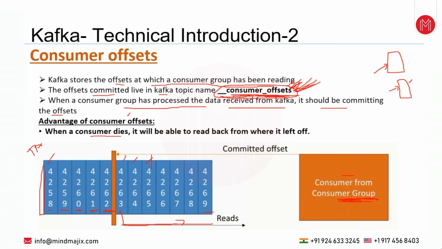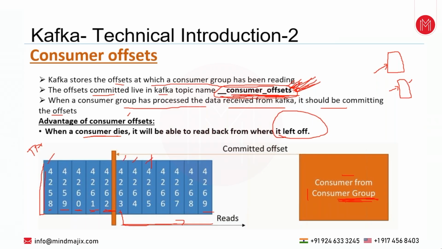So the advantage is, whenever a consumer all of a sudden dies or is disconnected, whenever it is connected back, the message will be consumed from where it left off instead of from the beginning offsets. That's the advantage of using a consumer group. Kafka will make an identity: okay, this consumer group has consumed till here.